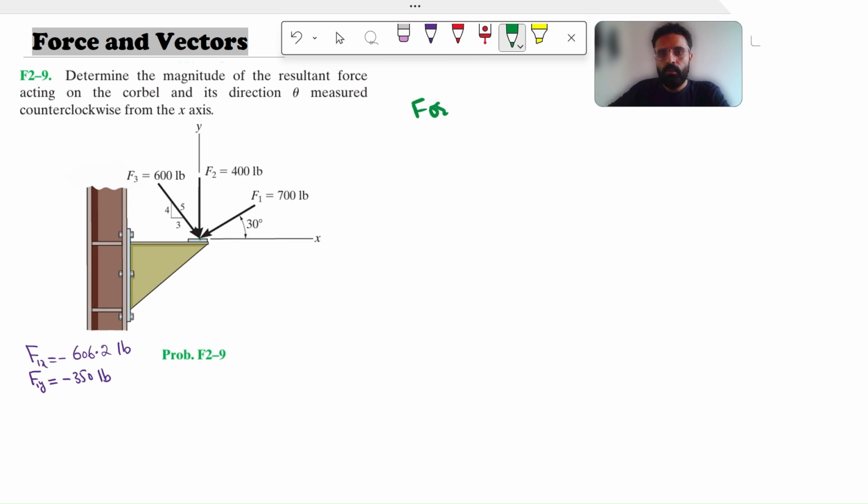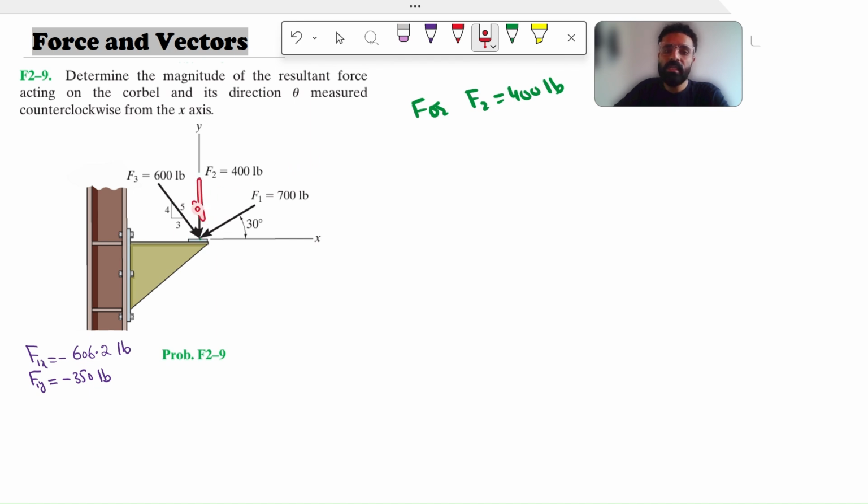For F2, whose value is 400 pound, I'll be finding its x and y components. You can see in the figure that this force is directly acting along the y-axis and its direction is downward. It means that it doesn't have any x component, horizontal component.